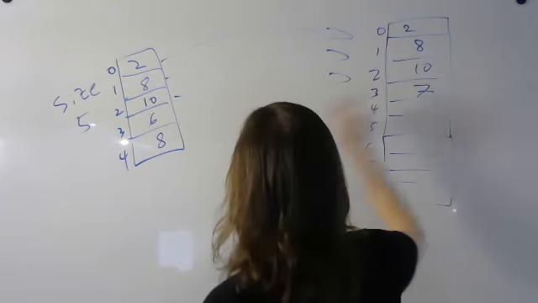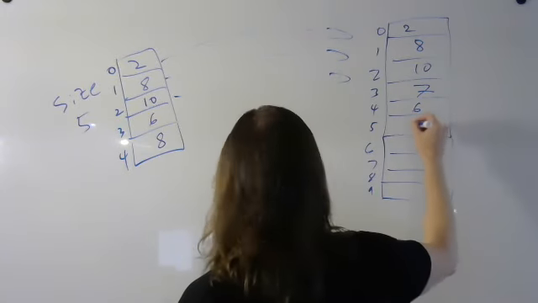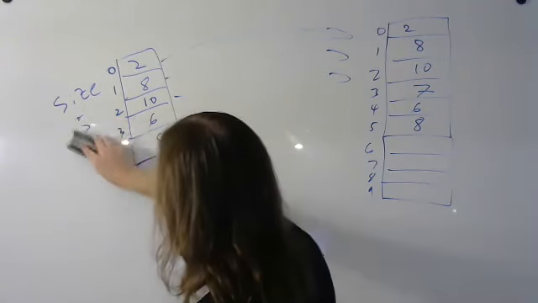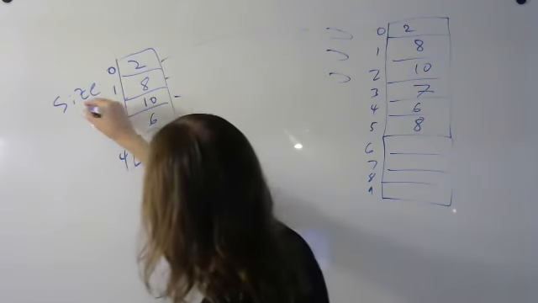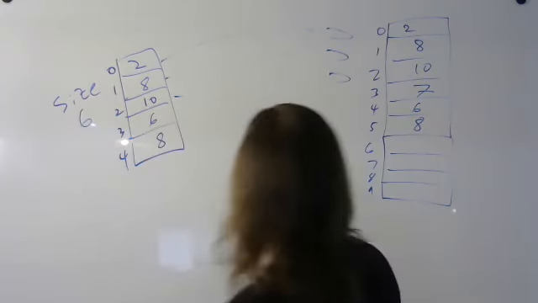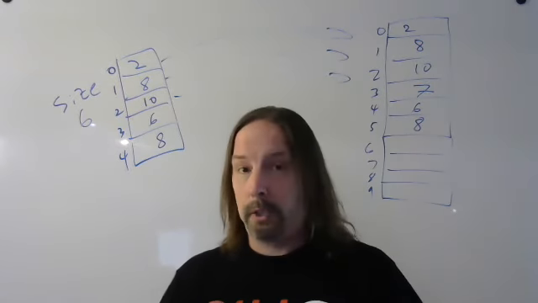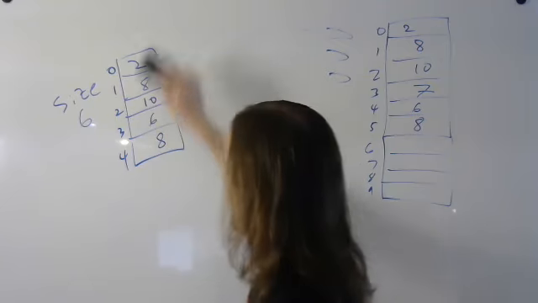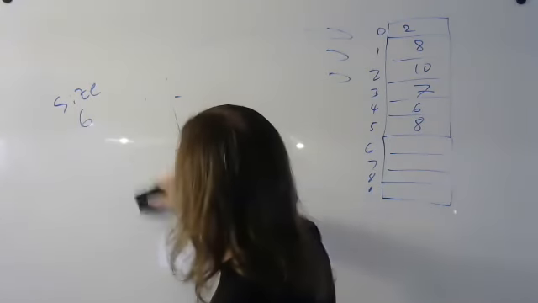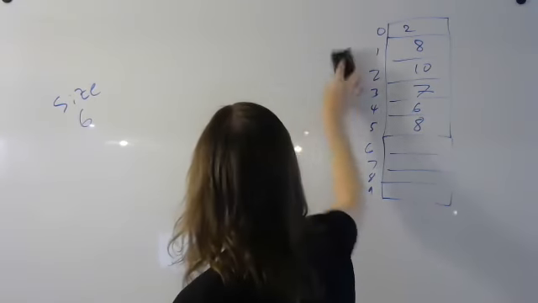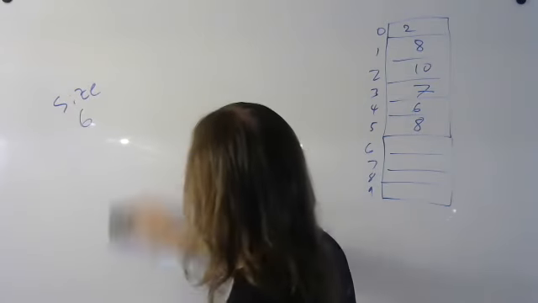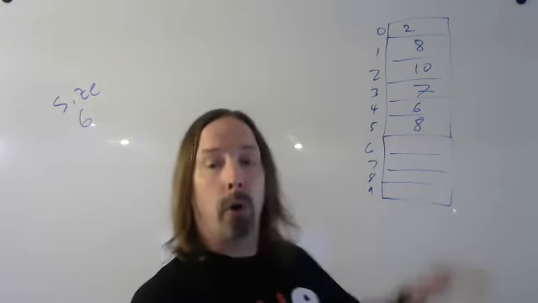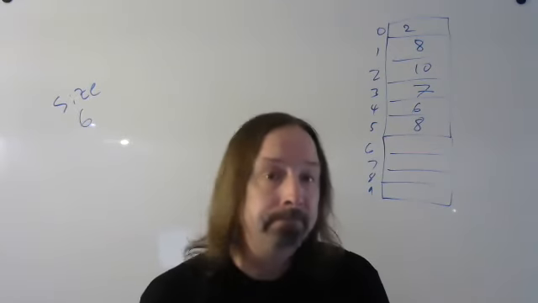We would put the 7 there, and then we would put the 6 and the 8, and then we would increment our size to 6, because now we have 6 elements, right? And then we get rid of this array. And now this is our array, and it's bigger. And now we can add more items, and they'll fit.